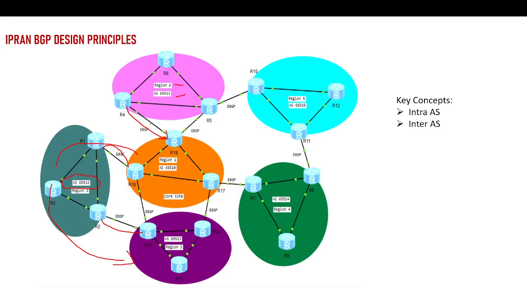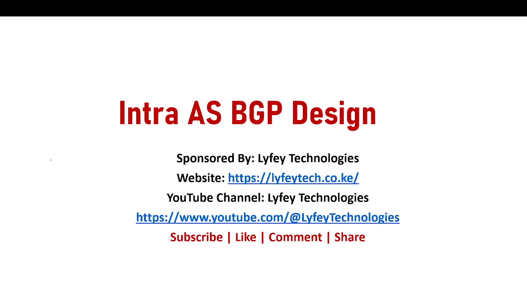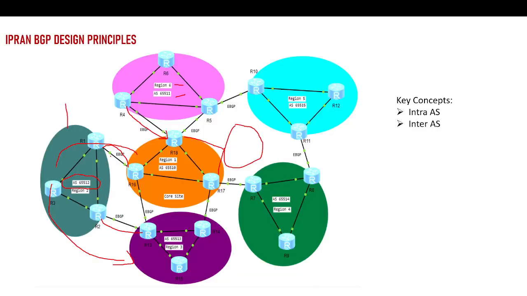Region 1 could be the IP core, or it could have the IP core present. It's still an IPRAN, but it has an extension, a connection to the IP core. Or many times, what you will find in this design is all these regions are connected to the IP core at some point. We have an IP core somewhere here, and somewhere here.